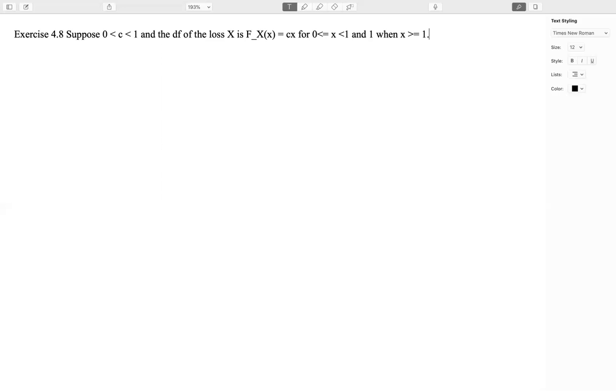The most important thing, obviously, is to figure out what kind of distribution it is, because c is something we don't know, right? We only know it's between 0 and 1, but other than that, we don't know too many details of it. So our first job is obviously to figure that out.